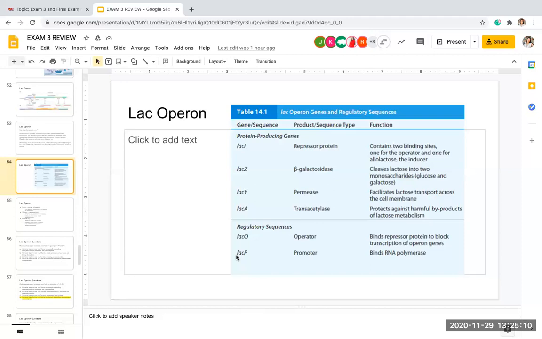So if you mutated your repressor to change your allolactose binding spot, your repressor is then going to bind to your operator and there's going to be no transcription. So what did you mean by, is it dominant over what? Like if we had a mutation I^S in a vector and we introduced it to a gene with I plus or I minus, would the I^S prevail, like its function, or?